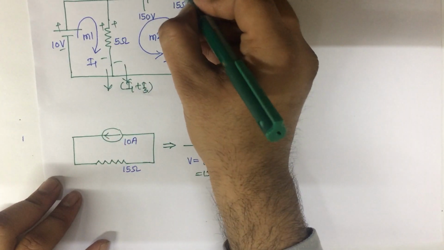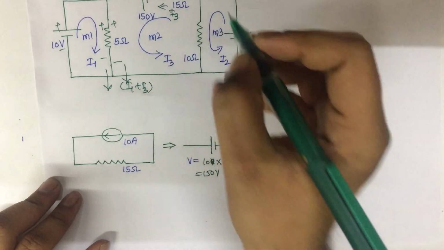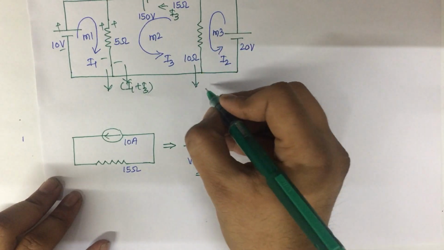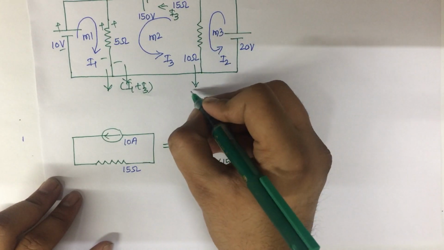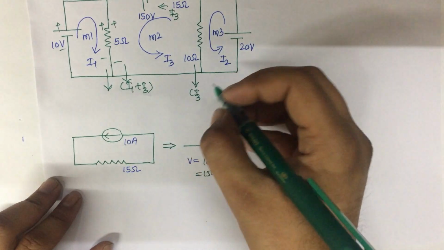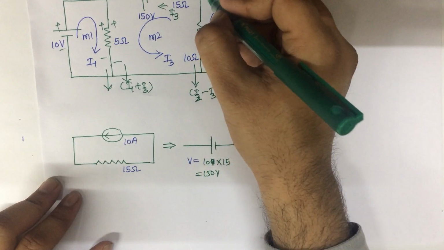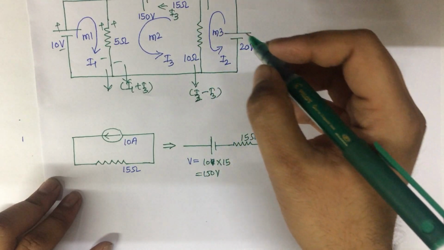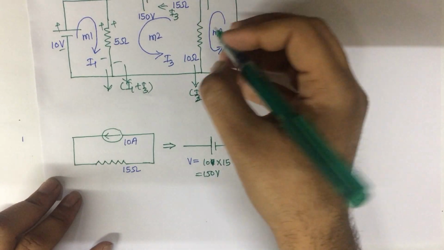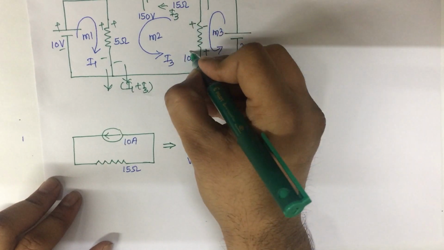Here the current flowing in this direction is I3. Here the current in this direction is I2 minus I3, and in this direction it is I3 minus I2. So it is positive, it is negative, and it is positive, it is negative.